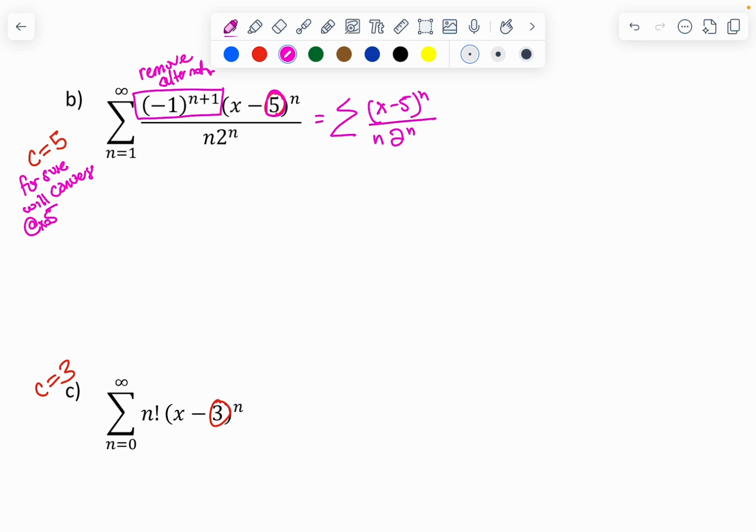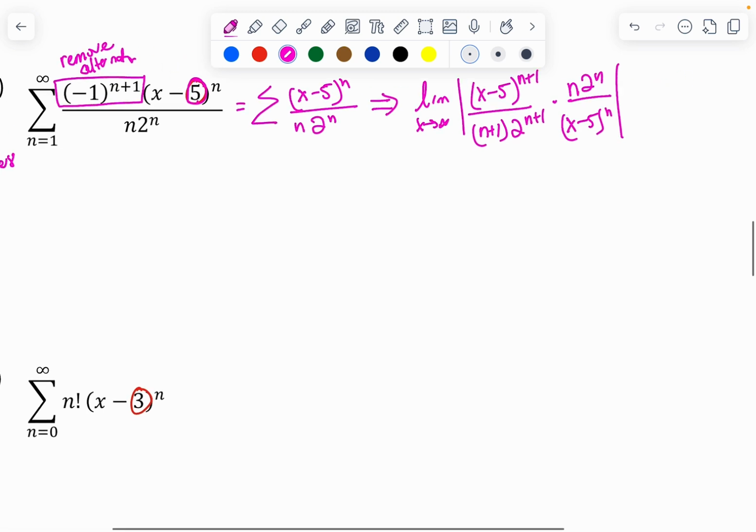And we're going to perform the ratio test again. So limit as n approaches infinity, absolute values. You cannot forget the absolute values on the test. x minus 5 to the n plus 1 over n plus 1 to the 2n plus 1 times n to the 2n over x minus 5 to the n.